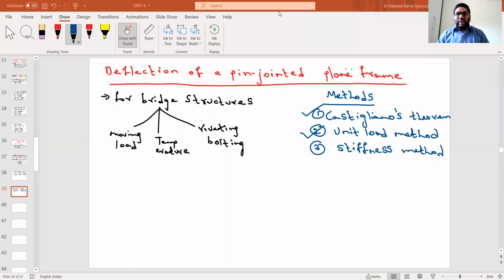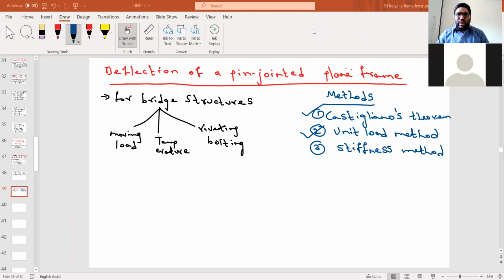That's where we have to introduce the concept of the unit load method and try to assess the deflections associated with each of these conditions.